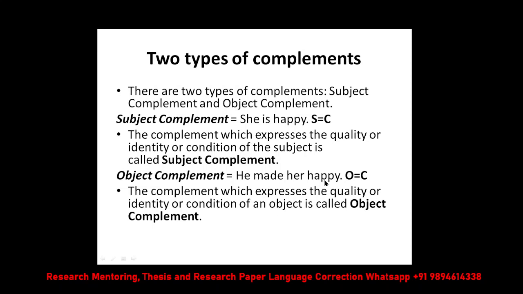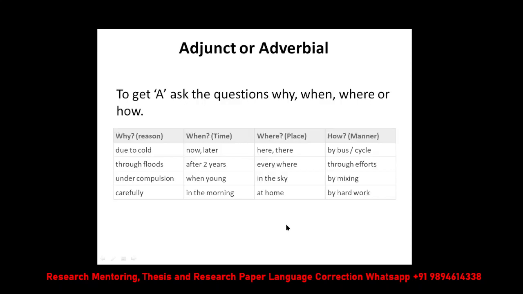Here the object's quality is happy. That's why it is called object complement. A subject complement, a simple way to remember, comes directly after the verb. Here you have one more word. So he made her happy, but if you remove her, he made happy. You cannot write like made happy. He made somebody happy, it has to come, right? That's why it's called object complement.